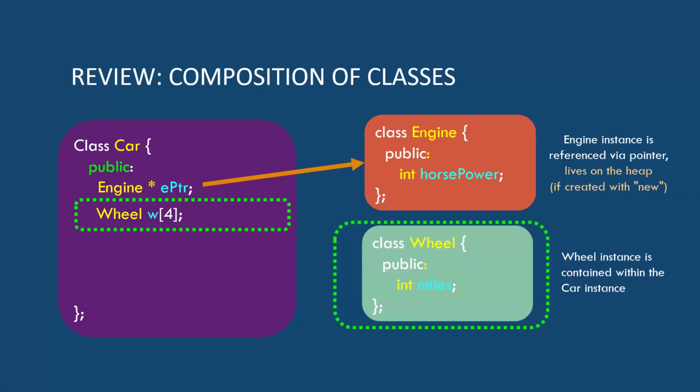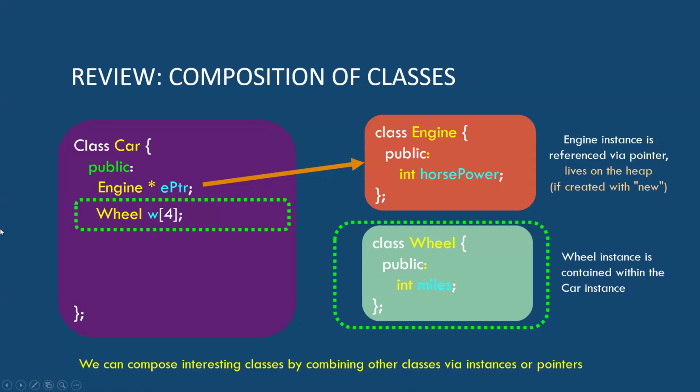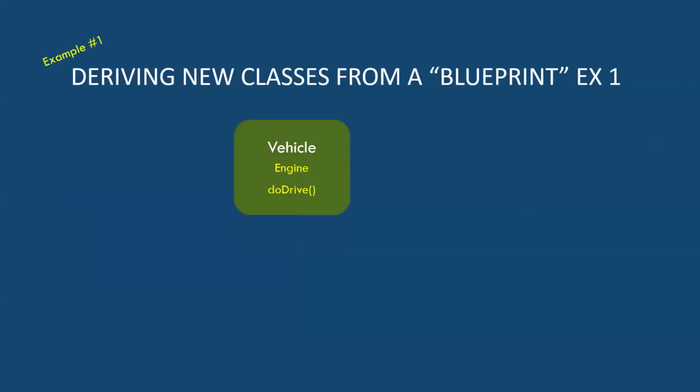And then maybe we have arrays of instances and all that. So this is really about cobbling together things in different ways. Although there's a parent level class, you might say, we're not inheriting anything from the car. We're just gluing together all these different parts, okay?